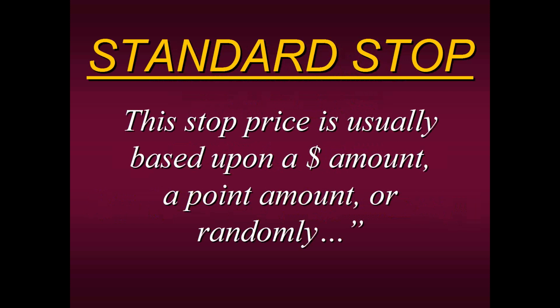You feel like, wow, I'm going to give myself a lot of risk. I just feel like I have the winning touch today, so I'll just randomly pick a place where I should protect myself, okay? Unfortunately, none of these have any levels of consistency. But more unfortunately, this is the way the majority of all traders decide on how to place a stop, either basing it on a dollar amount, a point amount, or just randomly, however they feel that day.